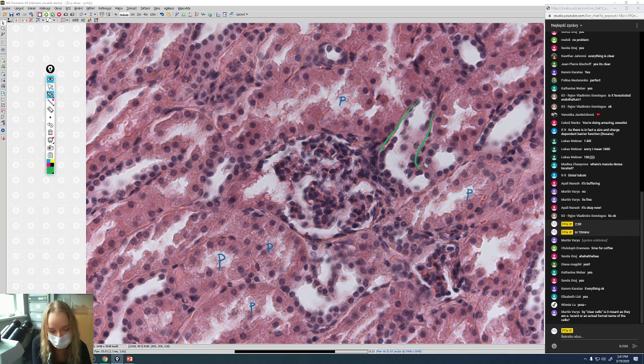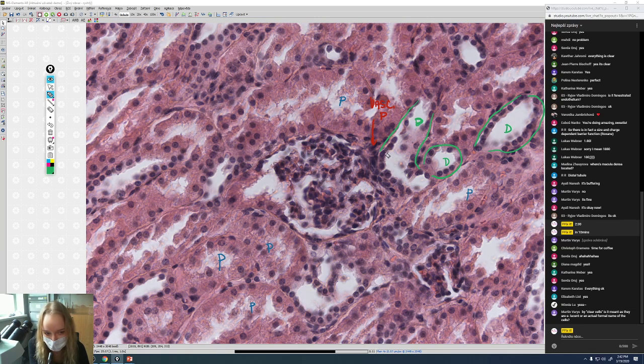This is one distal tubule, and this is another section of a distal tubule, and this is a distal tubule right here. So the distal tubule is going back and it's going to connect with the vascular pole right here. And the cells which are lining the distal tubule, I'm sorry, this should be D, not P.